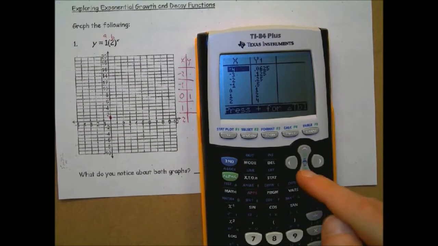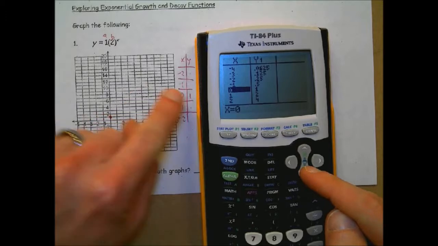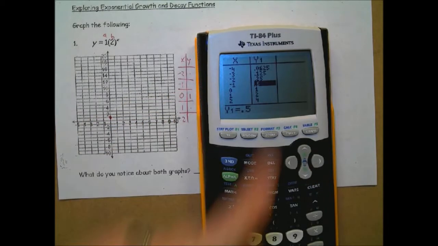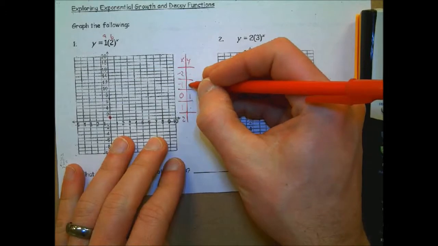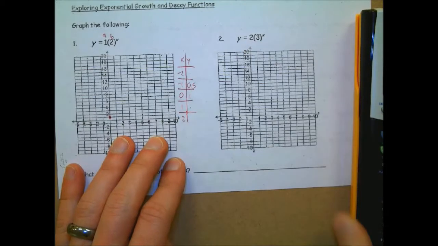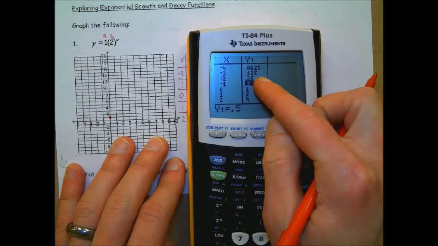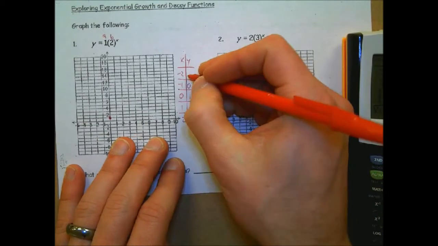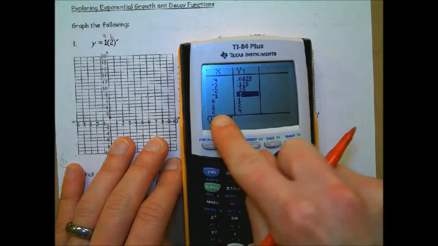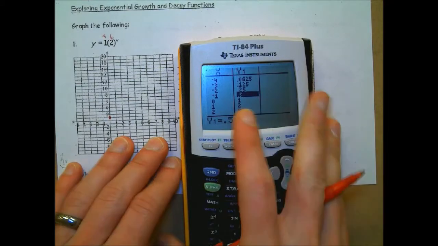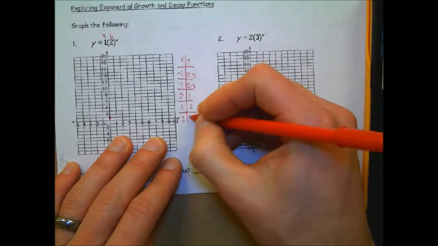All right, so let's see here. I have -1, and that is at 0.5. So I'll go ahead and fill that in. So -1 gives me 0.5. Okay, -2 gives me 0.25. Okay, 1 gives me 2, and 2 gives me 4. Okay, let's keep going here and see what happens.